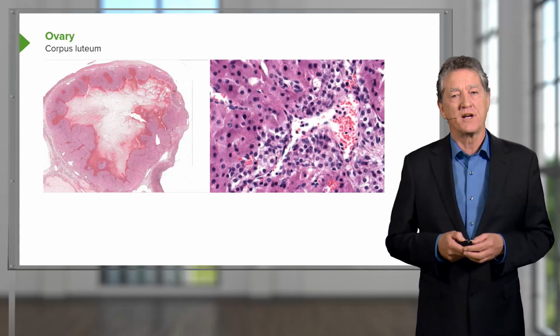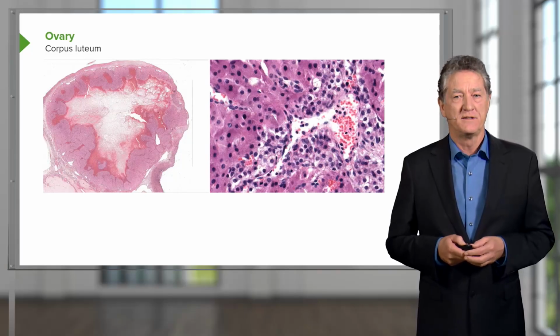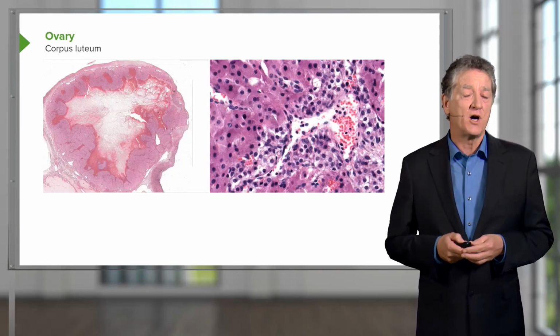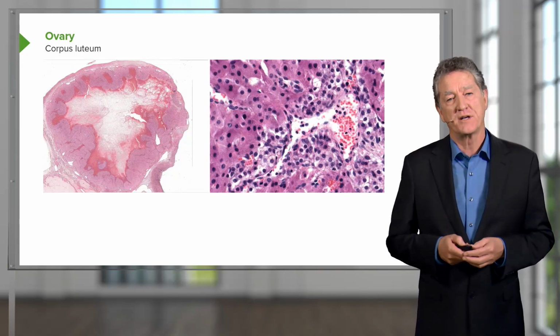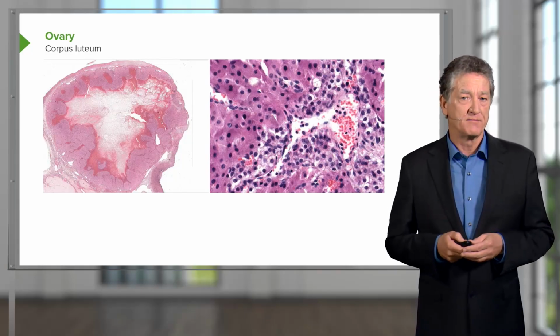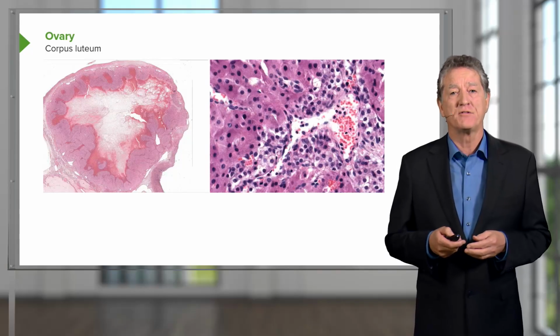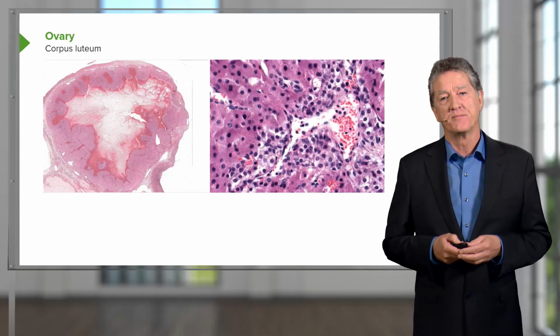At the moment of ovulation, or just prior to ovulation, the oocyte completes its first meiotic division and enters its second meiotic division, but is arrested. So at ovulation, the oocyte is quite large, about 150 microns in diameter.